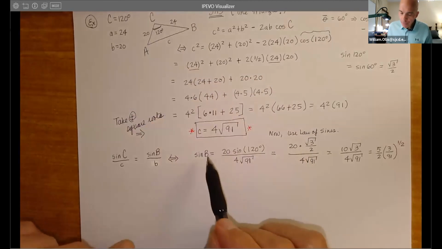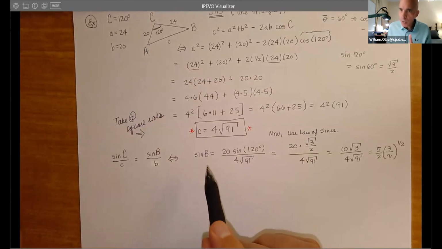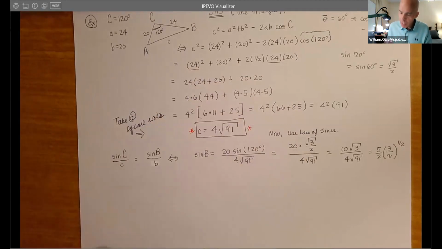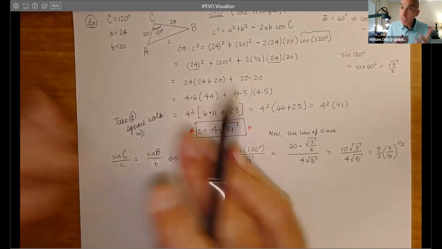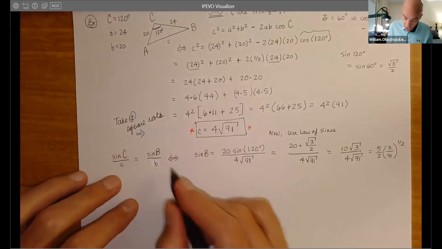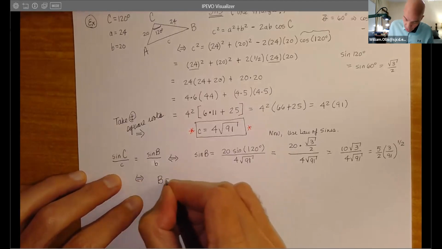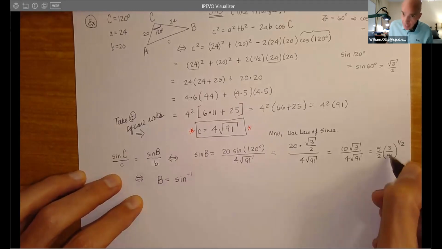So the law of sines is going to give us the acute angle from the inverse sine, so we don't have to make any adjustments here. This is going to give us directly what we want for B, knowing the inverse sine function. So equivalently, B is just the inverse sine of this.